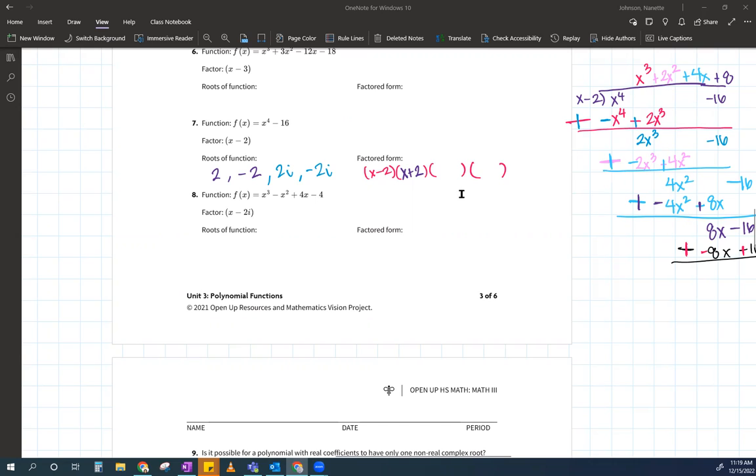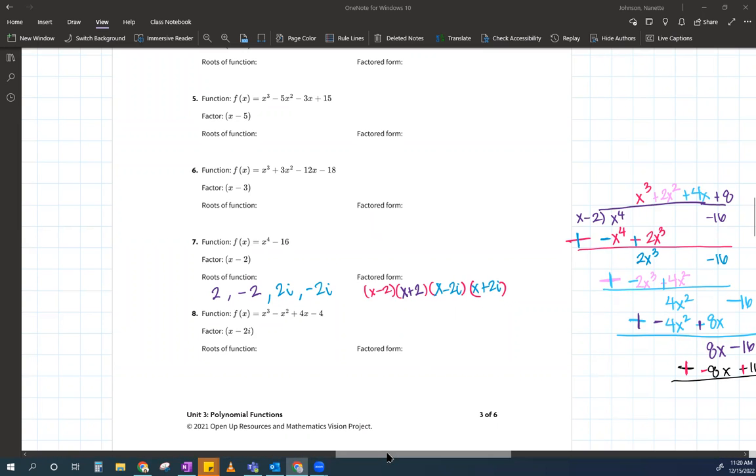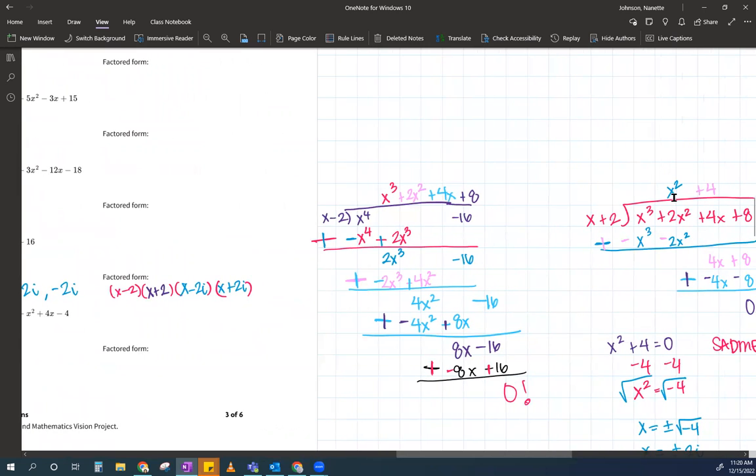So our factors are going to be x minus 2 and x plus 2, and from these I get x minus 2i and x plus 2i. If I had said your factors can't have complex numbers, that is, factor it in terms of real numbers, I would have just left this as x squared plus 4.